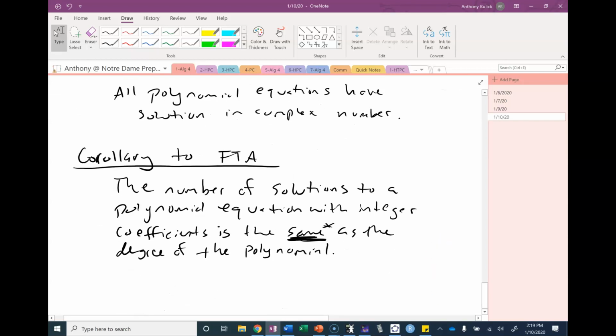So the corollary says the number of solutions to a polynomial equation with integer coefficients is going to be the same as the degree of the polynomial.